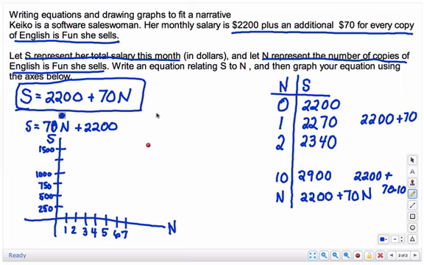So if I did 10 and 2900 and I plotted that on my graph, it looks something like this. And then I'd connect those. So sorry, I should have planned that graph a little bit better.